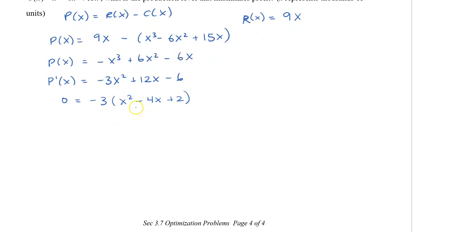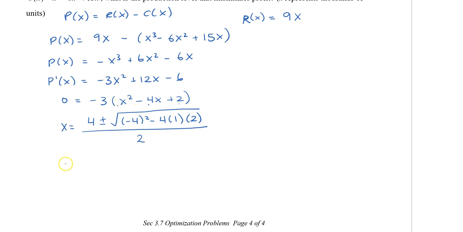Now I can't factor this, so what I'm going to have to do is use the quadratic formula. So x is equal to negative negative 4, so it's going to be 4 plus or minus the square root of negative 4 squared minus 4 times a, which is 1, times c, which is 2. So this is our a, b, and c. All of this is divided by 2 times a, which is 2 times 1.